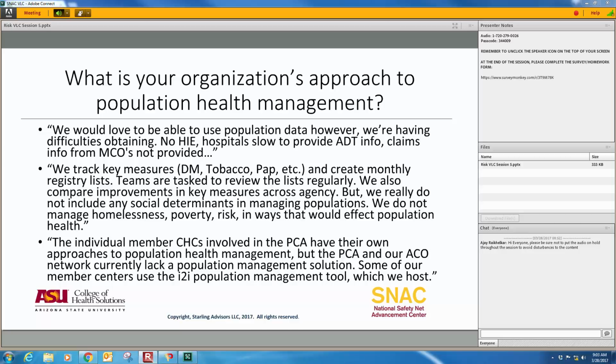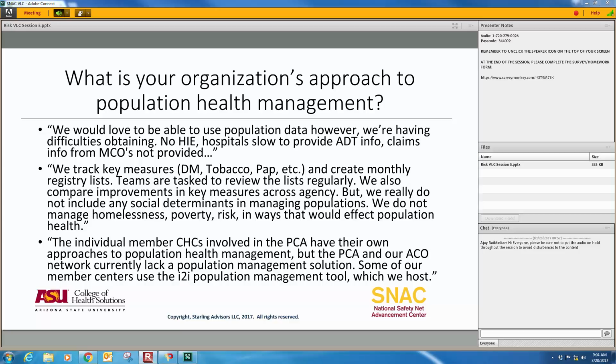Another group indicated that tracking key measures is an important part of what they undertake when they're looking at their patient populations, with regular use of monthly registries, which is a great tool. It's a fundamental cornerstone of any population health management approach. In this particular situation, teams are asked to review those lists and compare improvements in key measures across the organization.